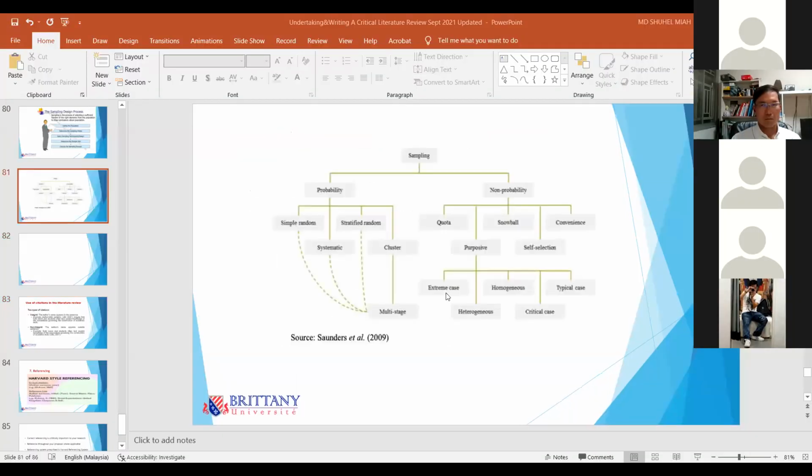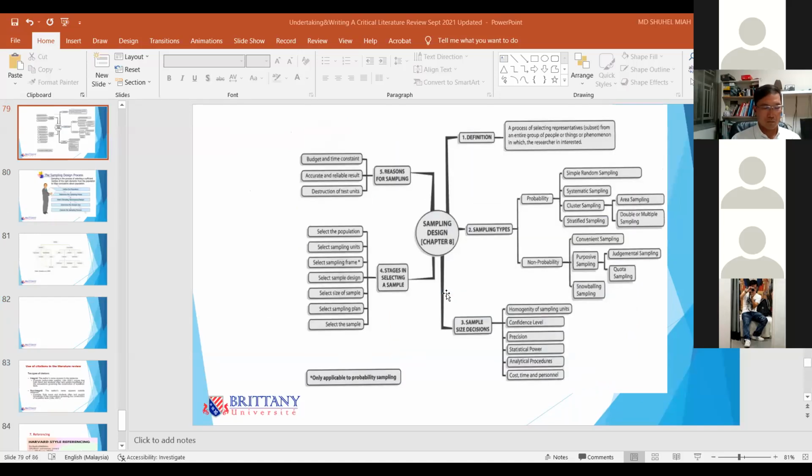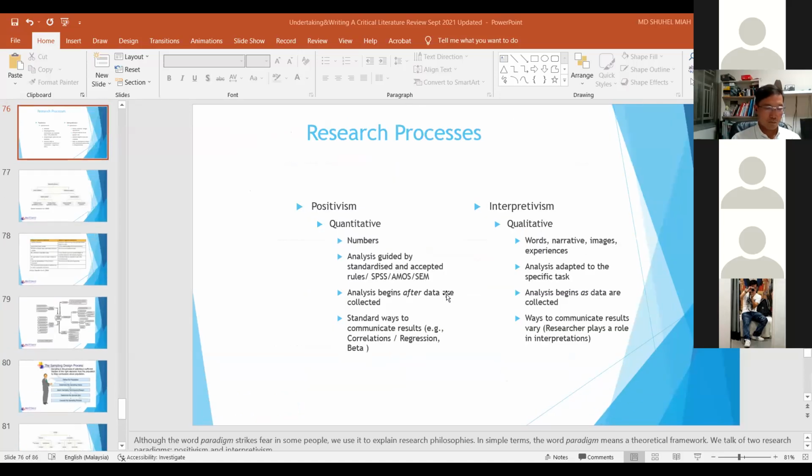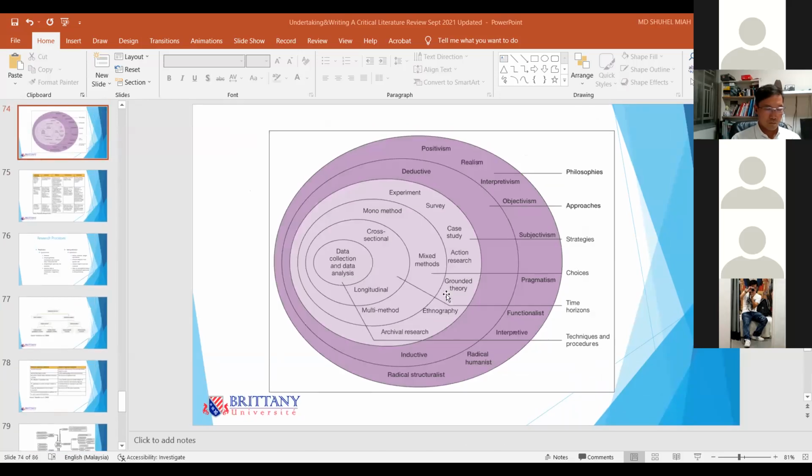So again, in chapter 3, you will be writing your research methodology. In it, you will tell us your approach, whether you are going to do qualitative or quantitative. What would be your research philosophy? Is it positivism or interpretivism? Then you will define who your samples are and how you are going to collect the data.